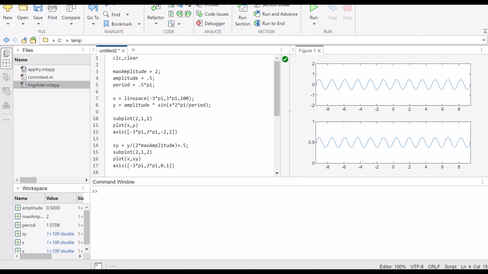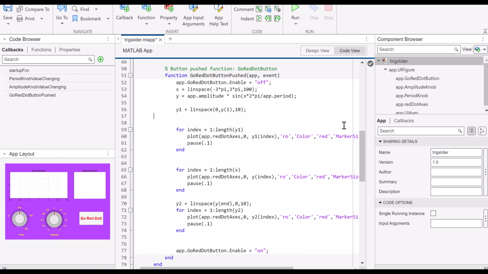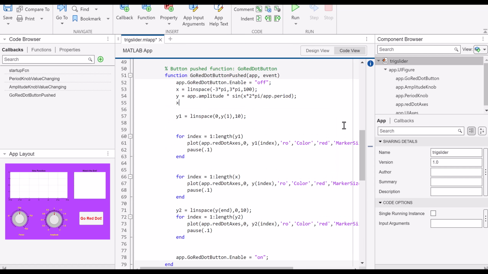Okay, so this was the thing: the servo plot needs to be divided by twice the max amplitude plus 0.5. Okay, so somewhere along here, I need to talk about my servo y, I guess.